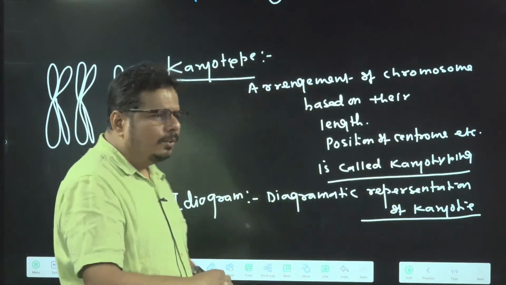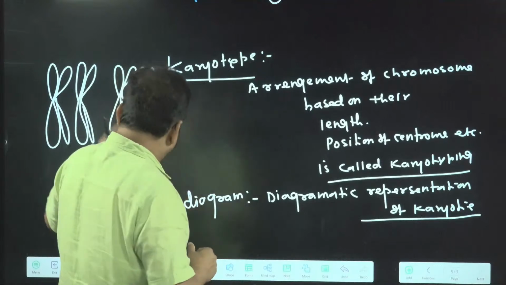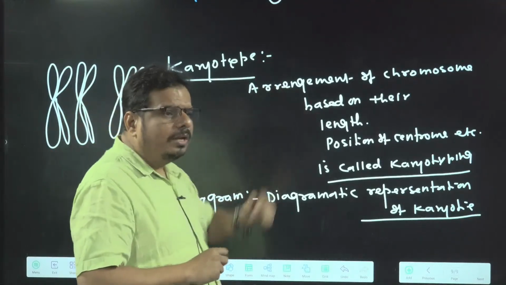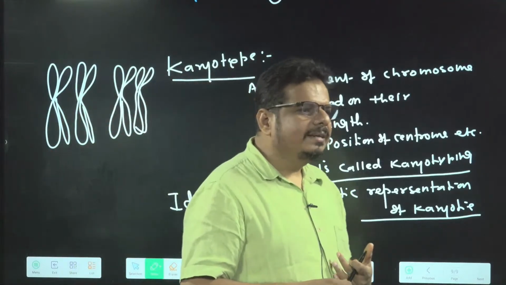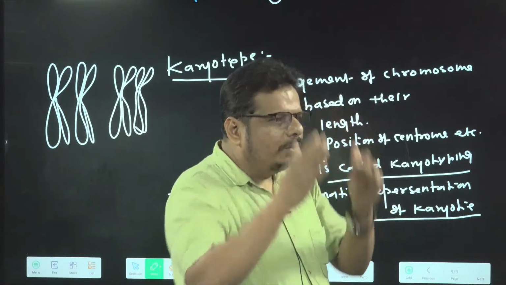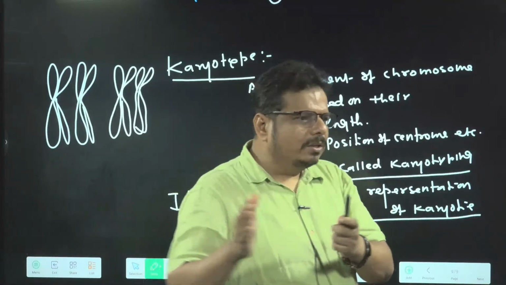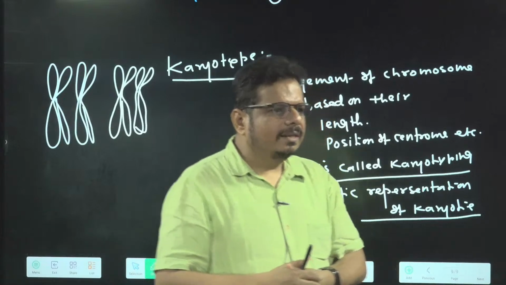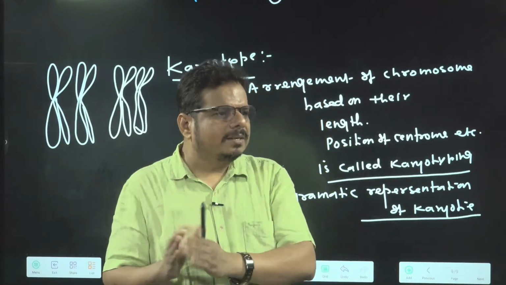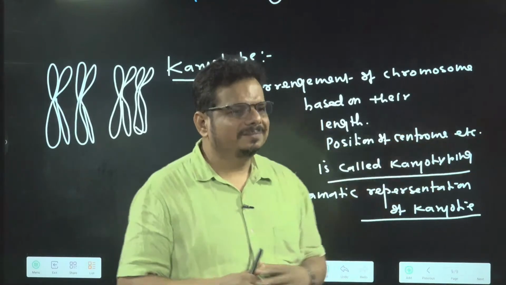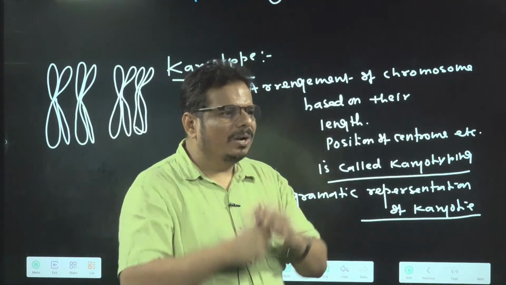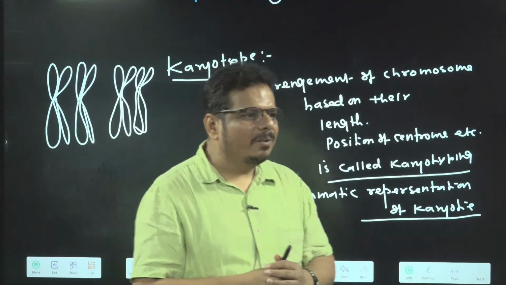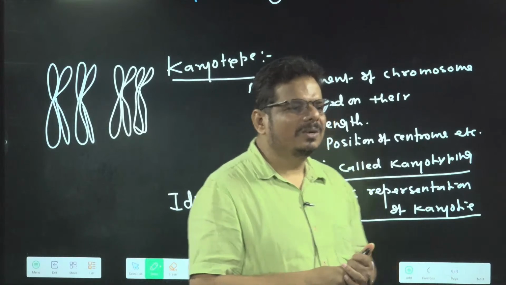But don't confuse yourself. According to the Human Genome Project, the story gets changed. Earlier, as teachers, we taught that in karyotyping, when we arrange the chromosomes, we arrange according to size, so the longest is first and the smallest is last. But now according to the Human Genome Project, it is not true.